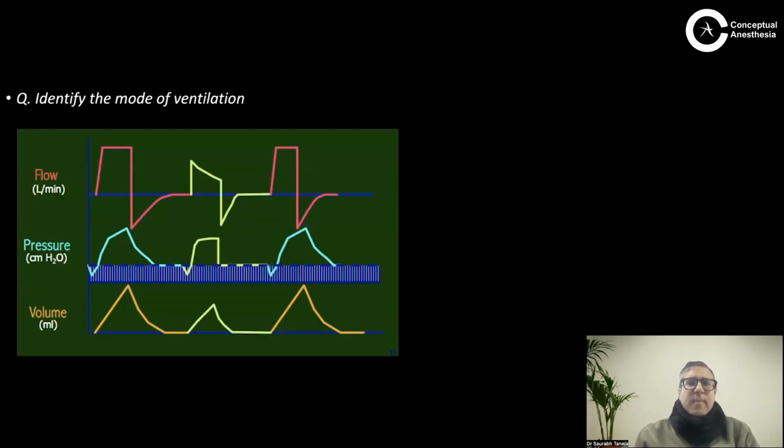So identify this mode of ventilation. Most of you will have to attempt this. Then we'll move further. Let us see, after two classes of volume and pressure control, can you identify this mode? We talked about this in the last class.